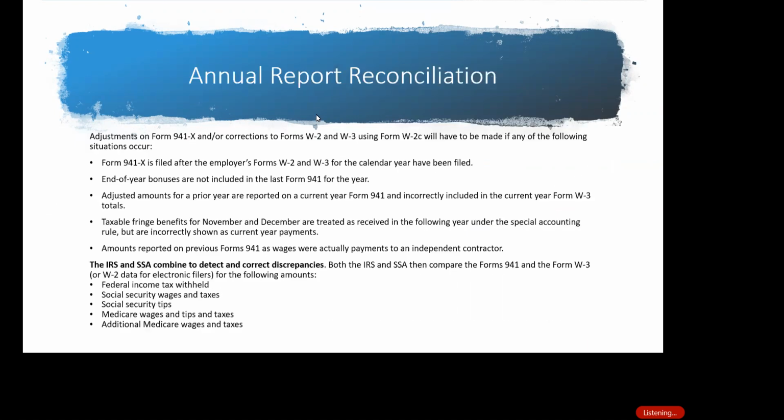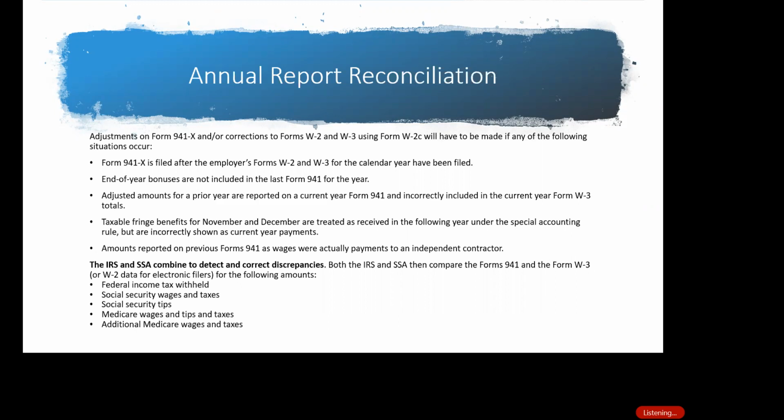If after you filed your 941s, you discover when you're doing your W-2s and your W-3s that you have a discrepancy between your 941s and your W-3s, you might have to do a 941X, which is an amendment to your 941s.